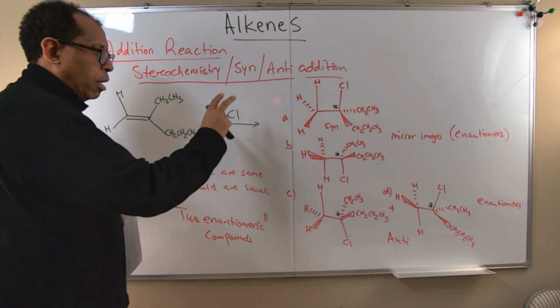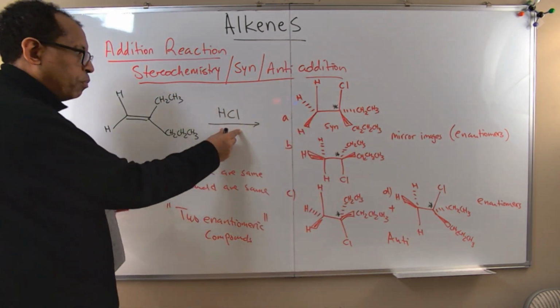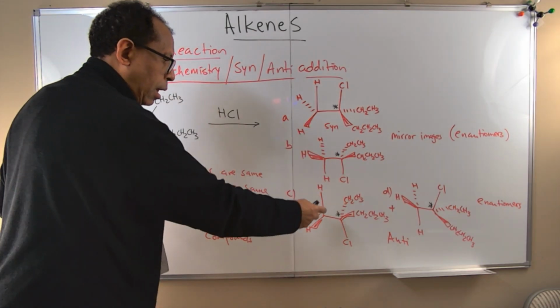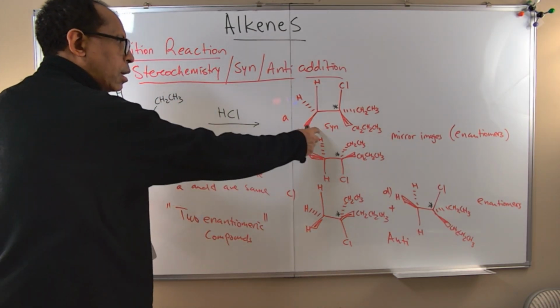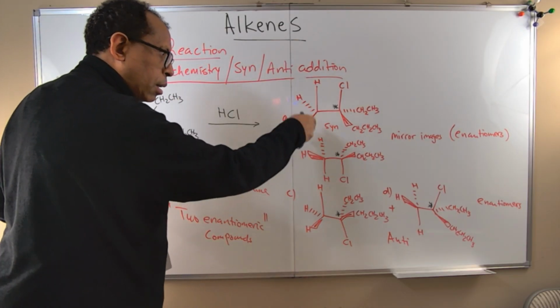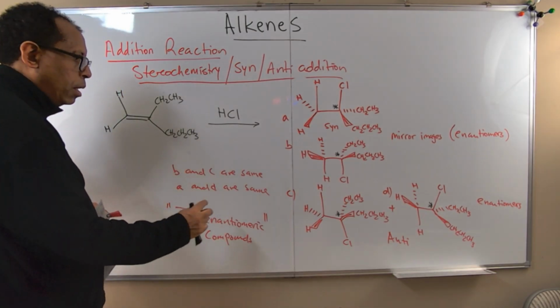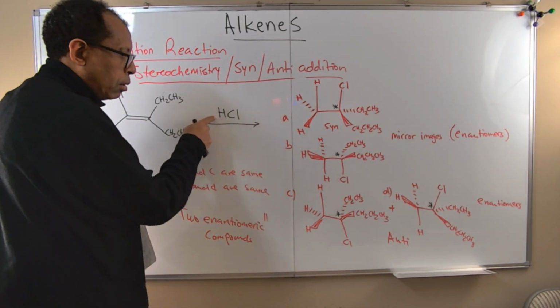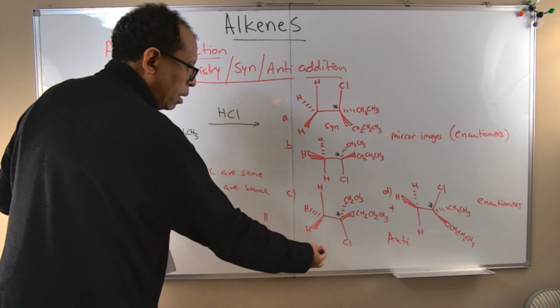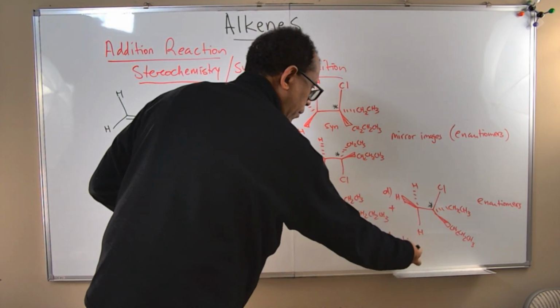But make sure that you lay out everything, the 4 different possibilities of syn and anti-addition. Syn can be added from top, syn added from bottom, because they give you the enantiomers. And anti also, hydrogen could be from bottom and Cl could come from top, or hydrogen from top and Cl from bottom.